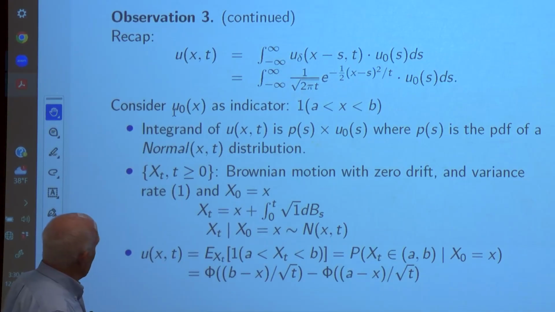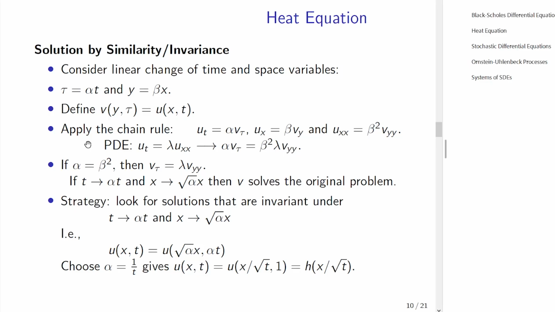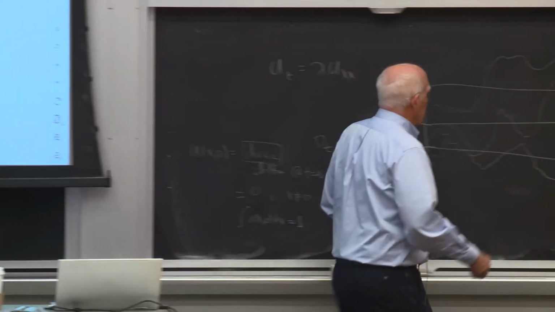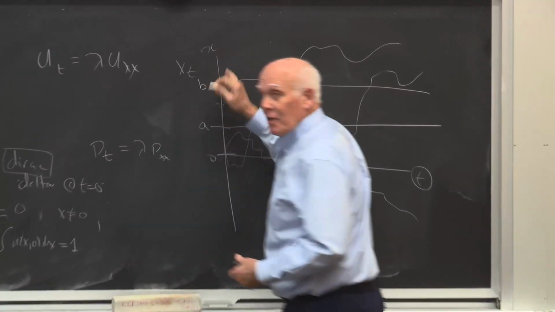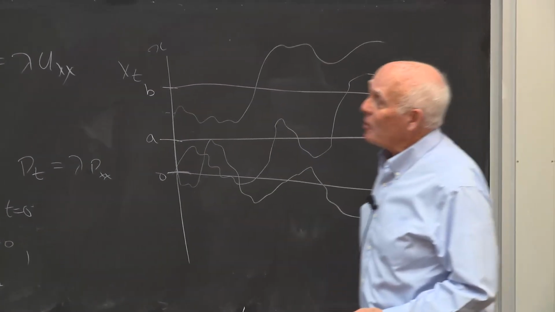Now, all right, so the next set of concepts we want to introduce you to are solving these equations using properties of similarity and invariance. And so we're going to be considering changes in the time and space variables. So here we have the time variable, and here we have the space variable with Brownian motions.